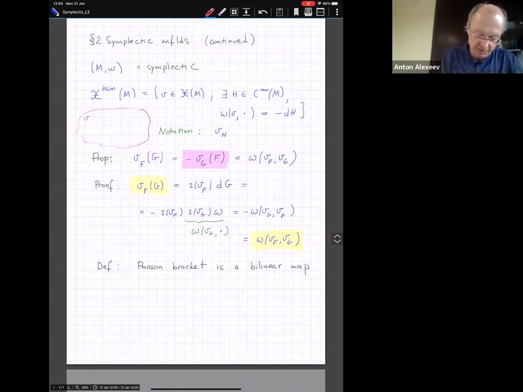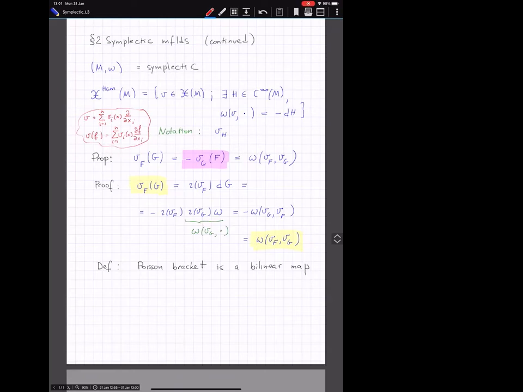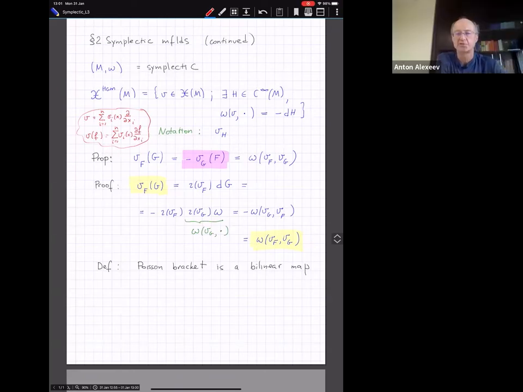So a vector field on a manifold is something like this, right? And then this vector field acting on a function f is the sum of v_i of x times df/dx_i. Right. This is the first order differential operator.